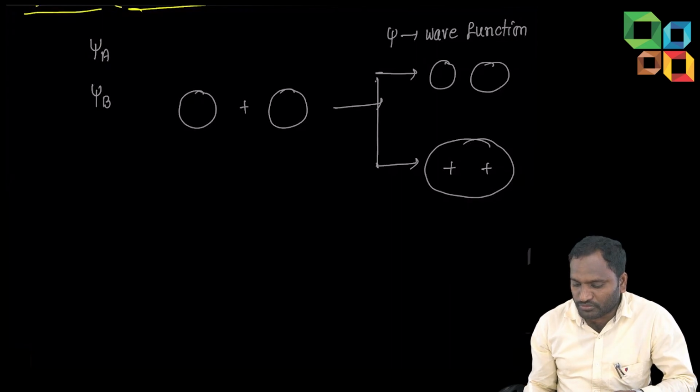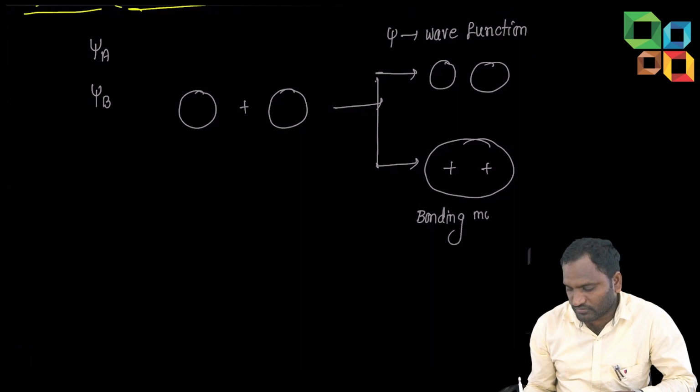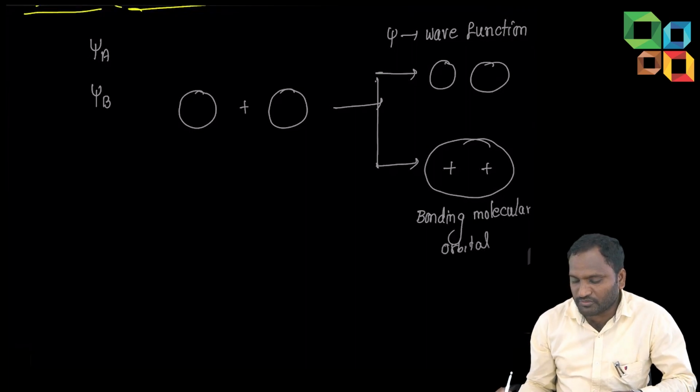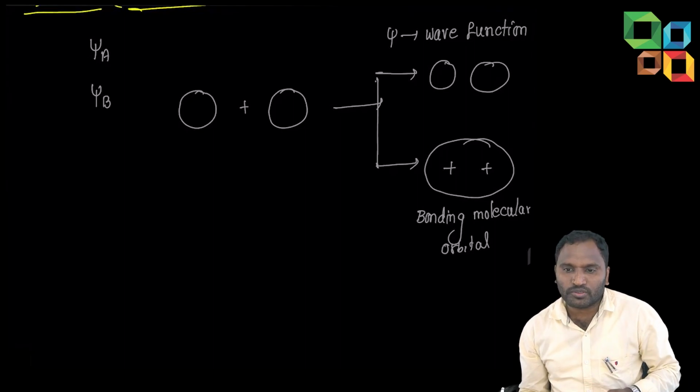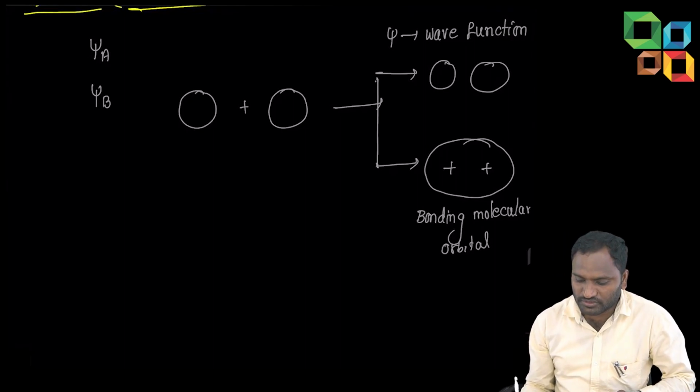Here a bond forms, so it is the bonding molecular orbital. This is only for understanding purposes. I'm giving a little information; in first year you will get more information about this. But the main topics I'll give everything. These are not so important, only for understanding the concept.